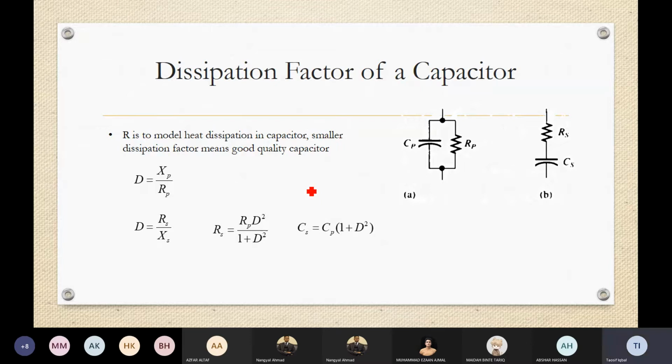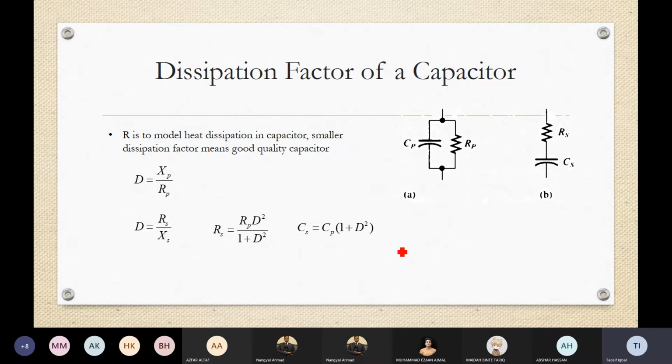Therefore, we can also find the relationship. For example, if we have resistance connected in series, we can find out the equivalent parallel resistance, and from parallel resistance we can also convert that back into series resistance.